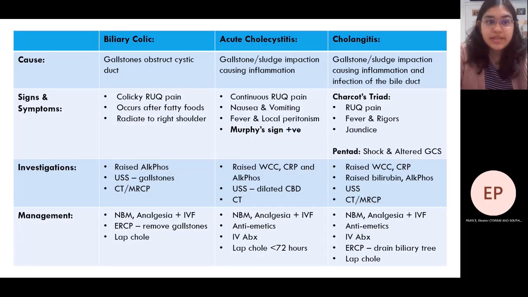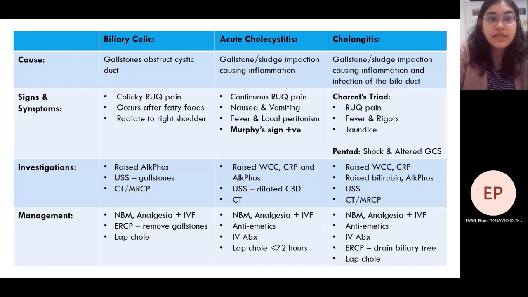So I used to always get very confused between biliary colic, acute cholecystitis, and cholangitis. So I've just added a little summary table in here, which hopefully helps you to differentiate between them. Essentially, for cholangitis, we talk about Charcot's triad, which is a combination of pain, fever, which is a sign of infection or inflammation, and then jaundice, because your common bile duct is obstructed, so bile cannot pass through, and it starts to become stagnant and build up, so that causes jaundice.